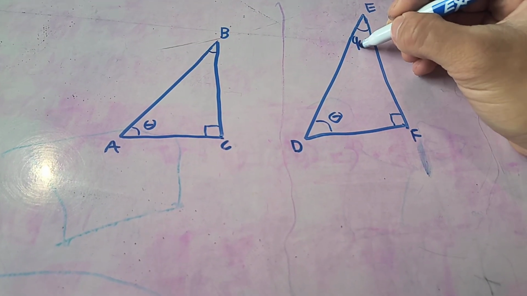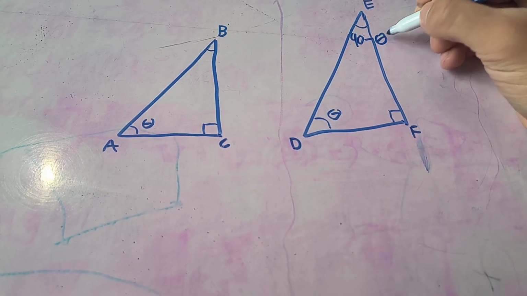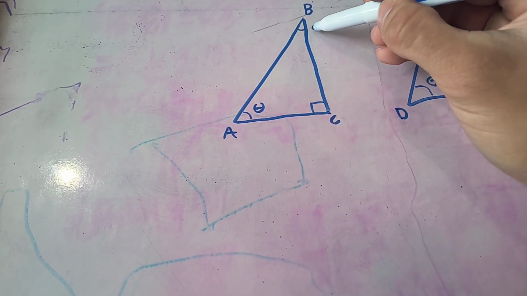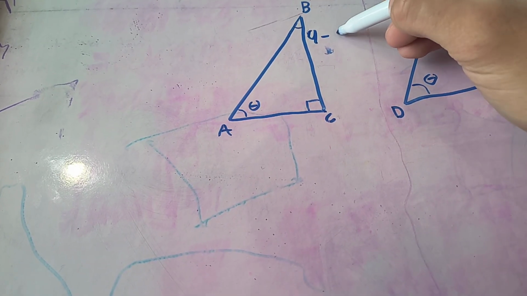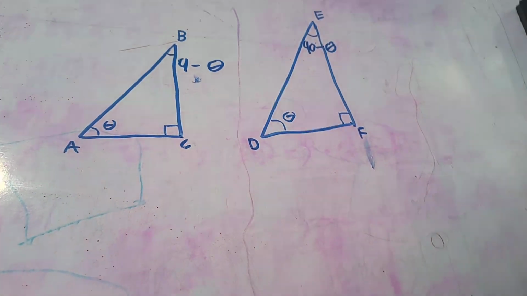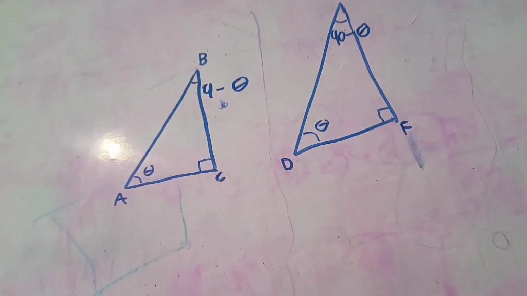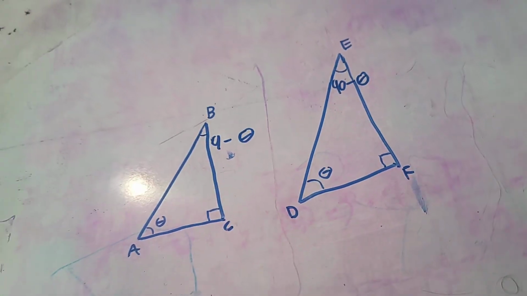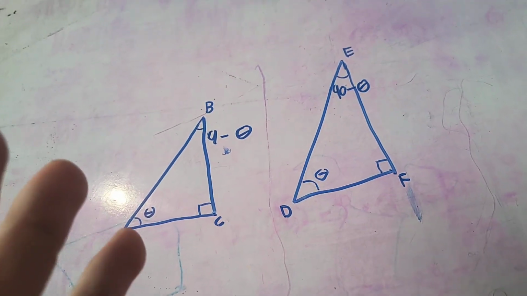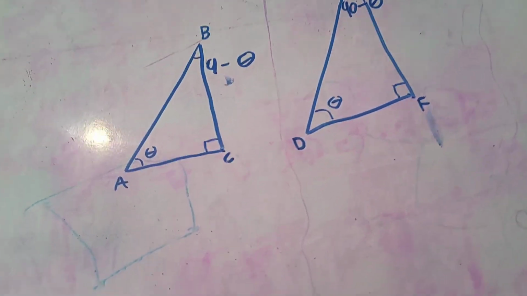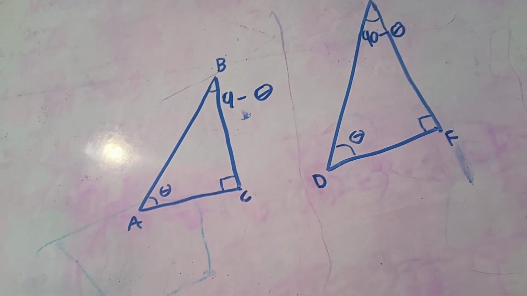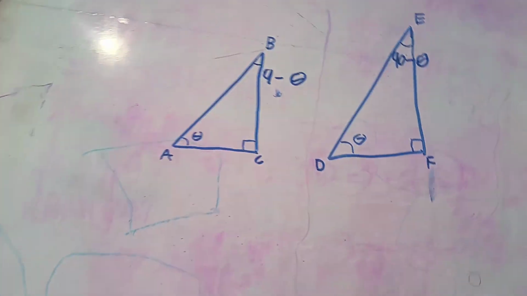So this angle would be 90 minus theta, and this angle is also 90 minus theta. And we know that if they have all three angles in common, then you have similar triangles. What that means is that the ratios of their sides will be the same.